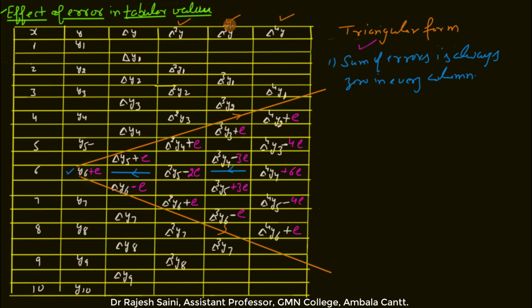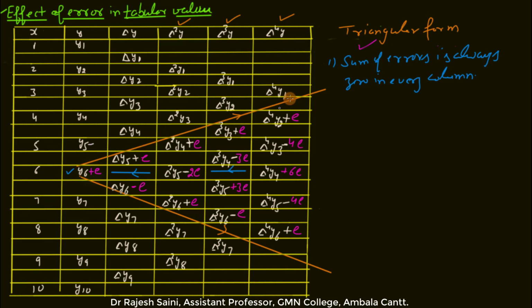So for an odd difference column, we plot the line in between the two numerically largest values, while in case of an even difference order column, we plot a horizontal line against the largest numerical value.